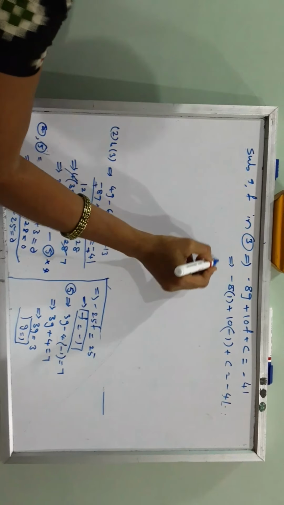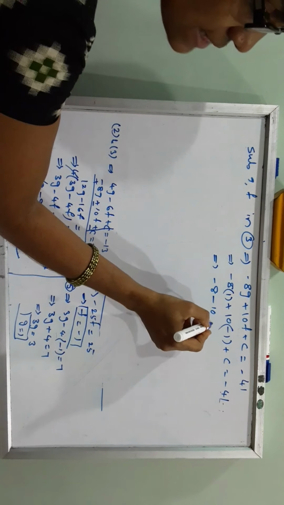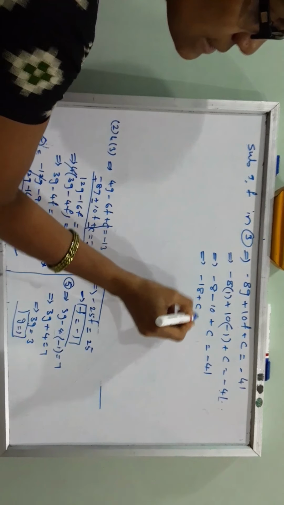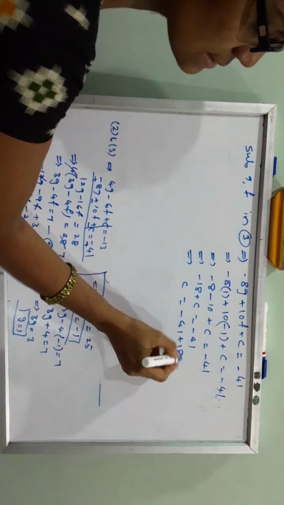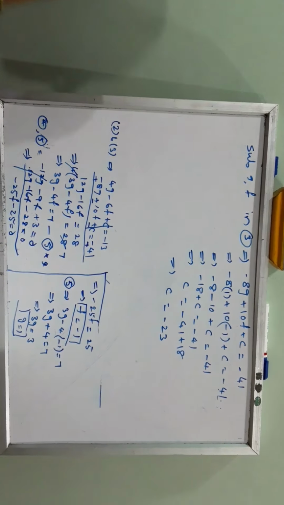So minus 8 minus 10 plus c is equal to minus 41, which implies minus 18 plus c is equal to minus 41. From this, c is equal to minus 41 plus 18, so c is equal to minus 23.